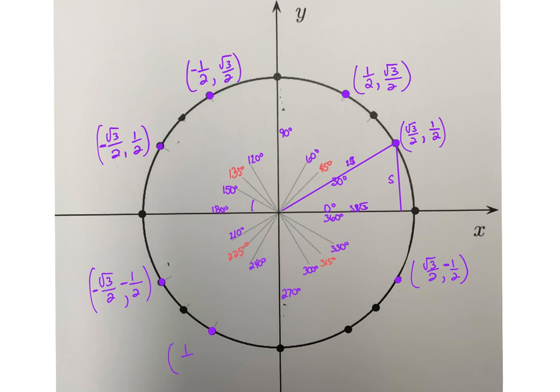That also has a 1/2, square root of 3 over 2, but both of these are negative. And if I jump over to 300, that one is also 60 degrees away from my x-axis. That is also 1/2, square root of 3 over 2. However, my y value is negative. My sine is negative for that one.